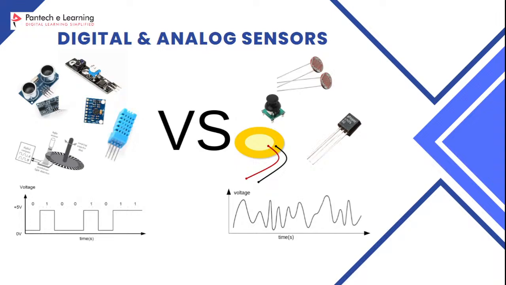The output signal is typically a voltage or current that varies continuously with the input. Examples of analog sensors are thermocouples, pressure sensors, light dependent resistor, LM35, joystick, everything.